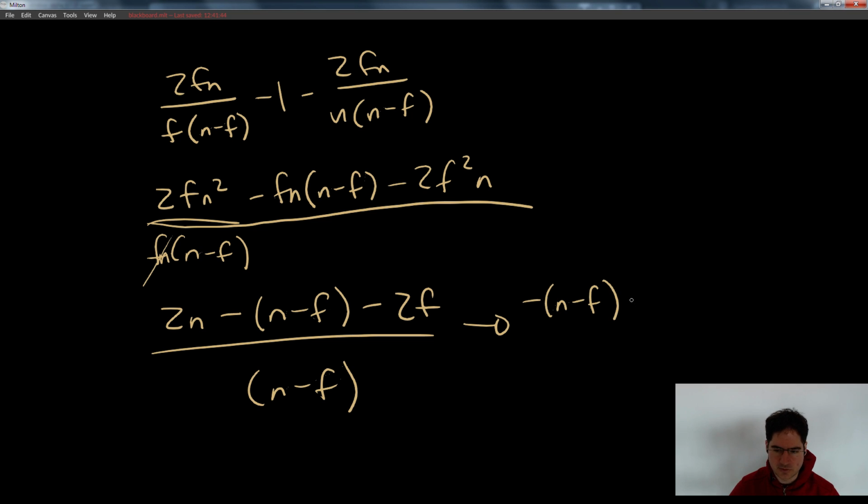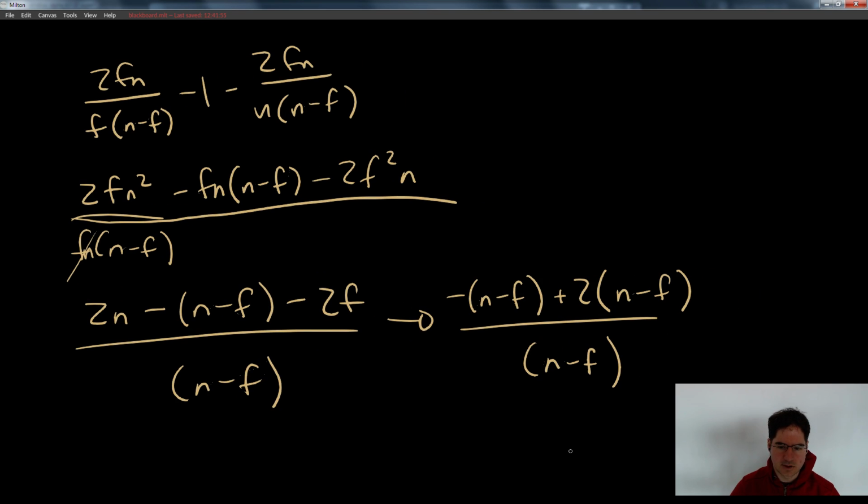And then I'm going to pull out the 2. So plus 2 n minus f over n minus f. Right? I think that's correct. Yeah. And these guys would cancel, which would just give you negative 1 plus 2, which equals 1.